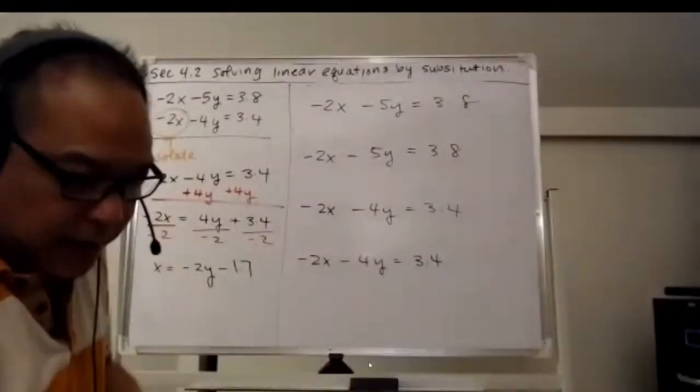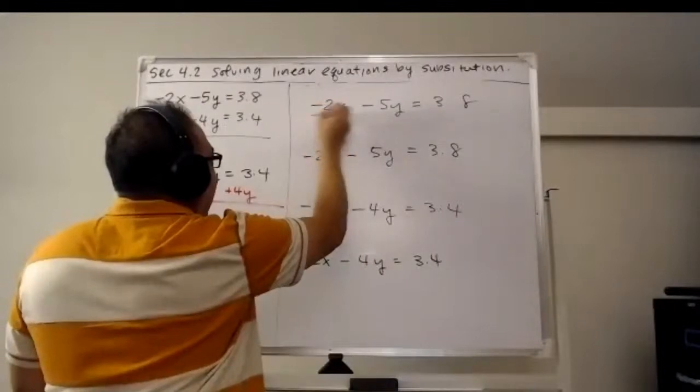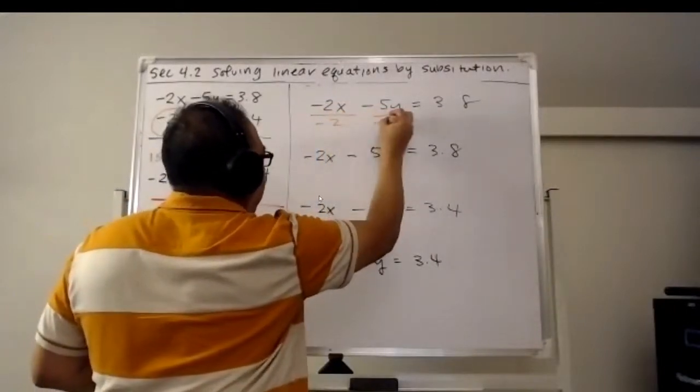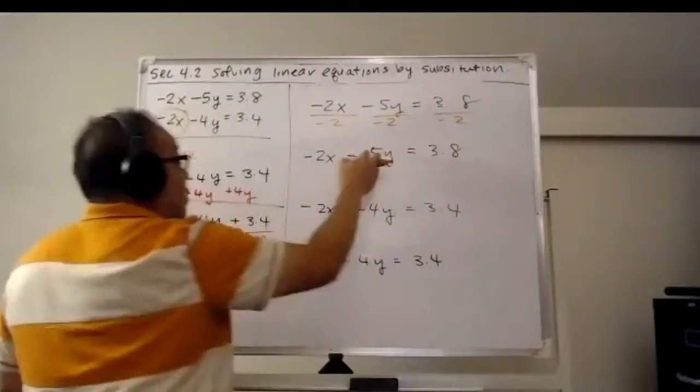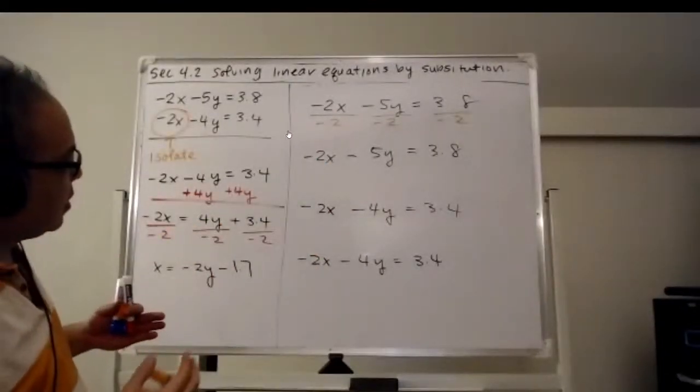Now, what you want to do is say, if I isolate this x, at some point I'm going to divide everything by minus 2. Now, that gives me a fraction. I hate fractions.